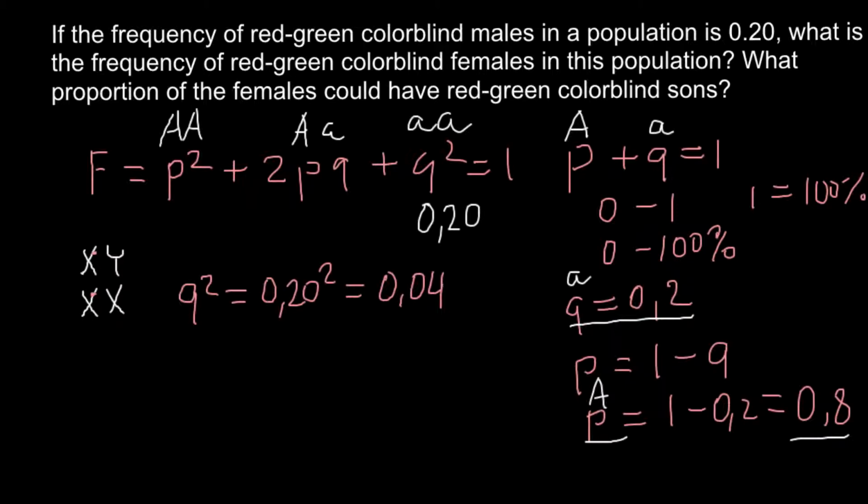So we have to multiply 2 by p and q, and this is going to be 2, and p is 0.8, and we have to multiply by q, that is 0.2, and the answer here would be 0.32, and this is the frequency of the females that would be heterozygous for this genetic disorder.